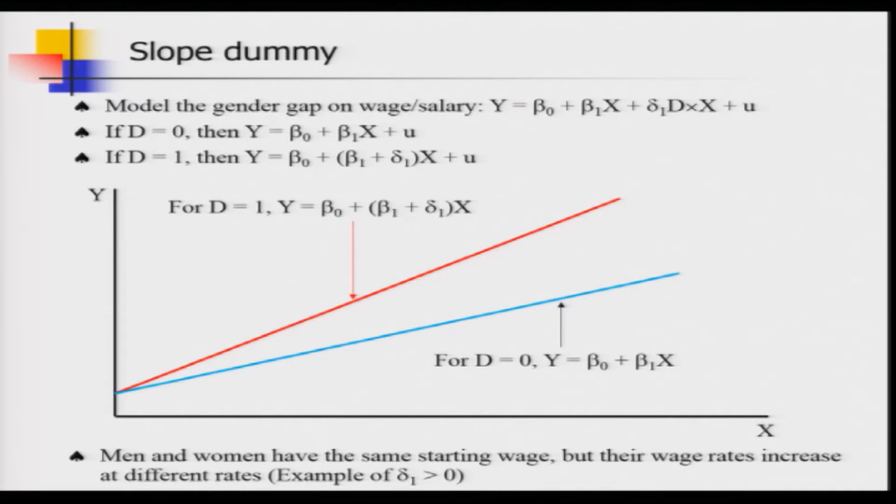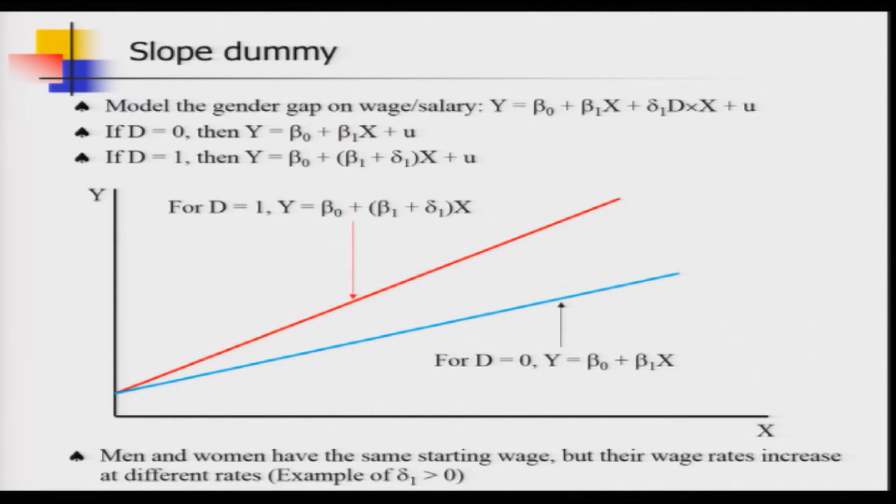The population regression line is represented by red color, and it starts from the same intercept beta naught, but as delta 1 is positive, the slope coefficient beta 1 plus delta 1 is of course greater than beta 1. So, as this upward sloping straight line has a higher slope, the gap between the red straight line and the light blue straight line increases with an increase in x.